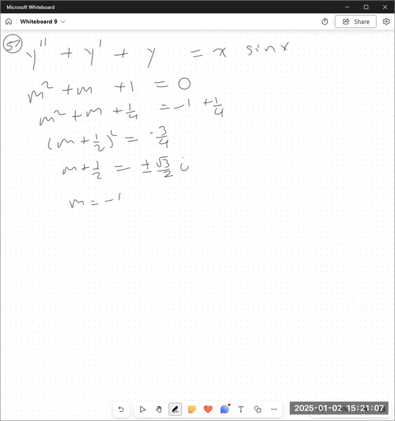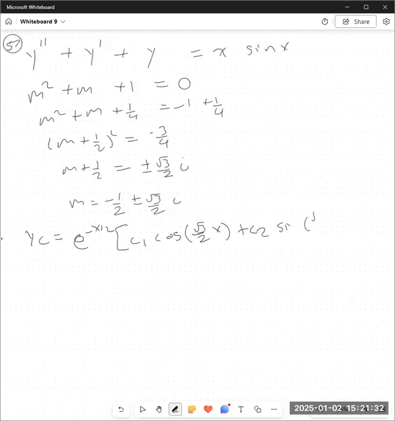M equals negative 1/2 plus or minus root 3 over 2 i, making my yc equal to e to the negative x over 2 times c1 cosine of root 3 over 2 x plus c2 sine of root 3 over 2 x.